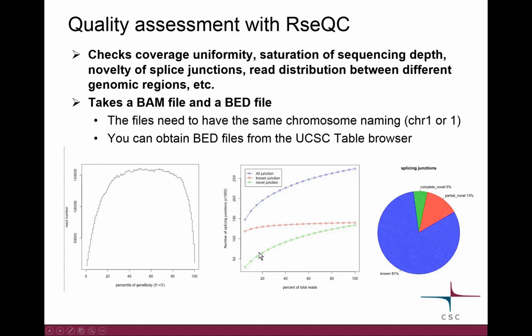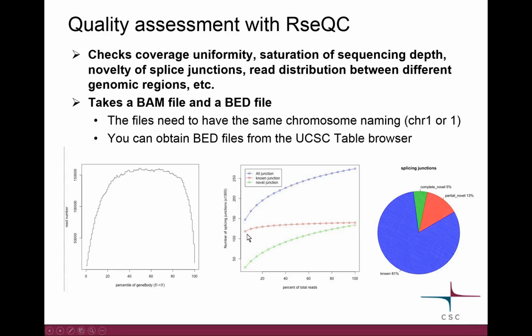Next, we have the saturation of sequencing depth. Here in red, we have the known junctions, the number of junctions that are found. On the x-axis, we have the percentage of total reads. This is the full number of reads used, and then we use just a smaller part of them to see at what point we have already found all the junctions.